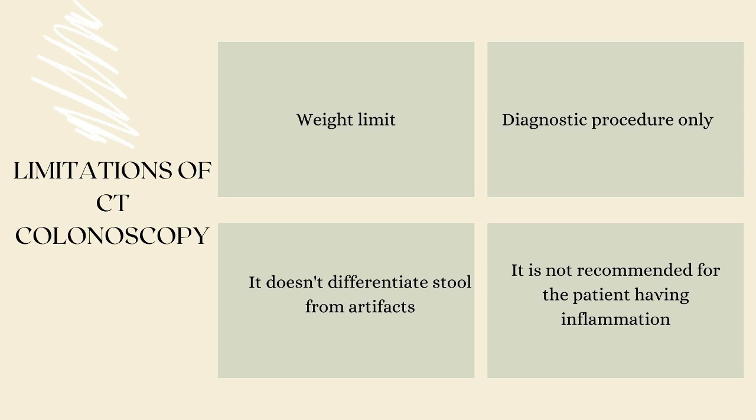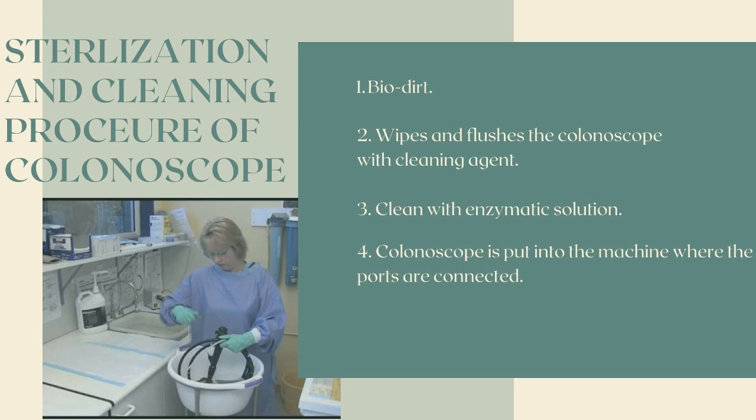Why? Because the left side of the colon is sort of mushroom shaped with a stem, making polyps easier to see and remove, whereas the right side often looks squatter, flatter and harder to see. CT colonoscopy is not recommended for patients having inflammatory bowel disease because of the increased risk of perforation. These are the limitations of CT colonoscopy.